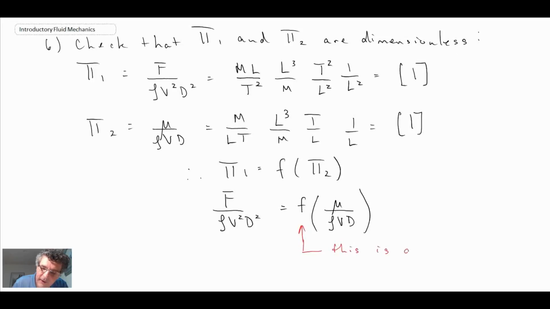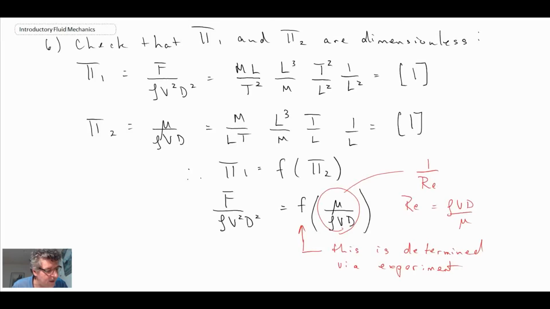This is determined via experiment. Another thing that we can say here, looking at mu over rho v d, that is 1 over the Reynolds number. So that's a very common non-dimensional number that we use in fluid mechanics, where the Reynolds number equals rho v d over mu. So that's good. We get something popping out of there that we recognize.